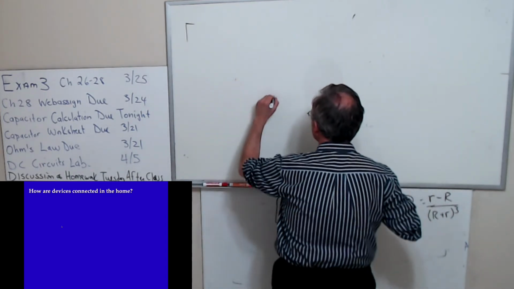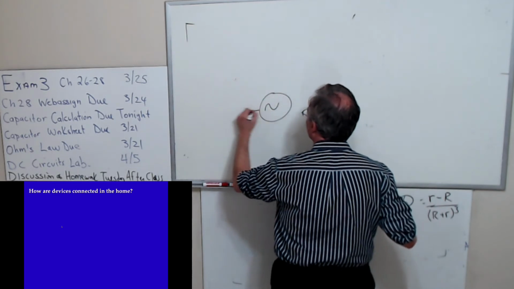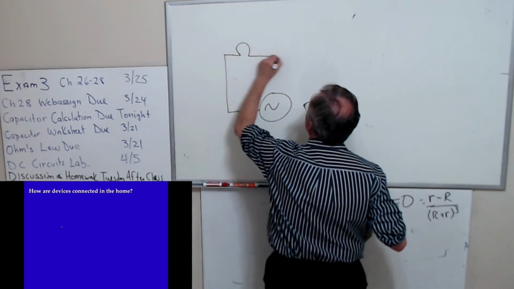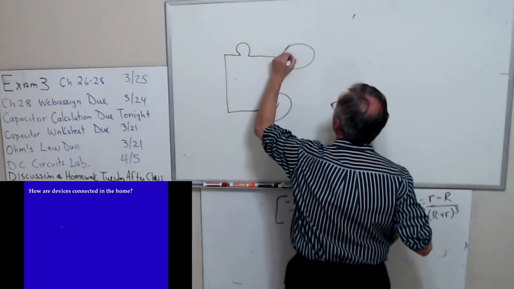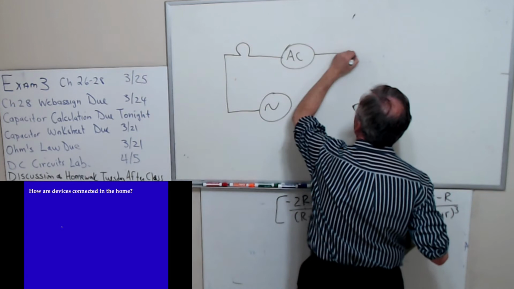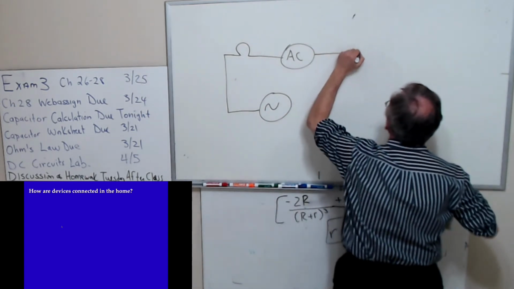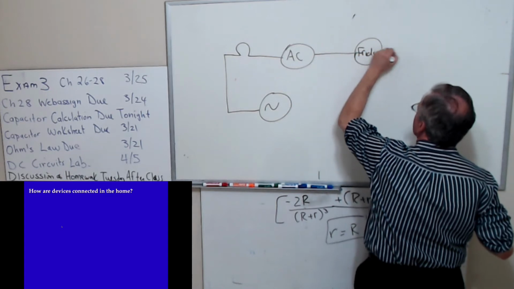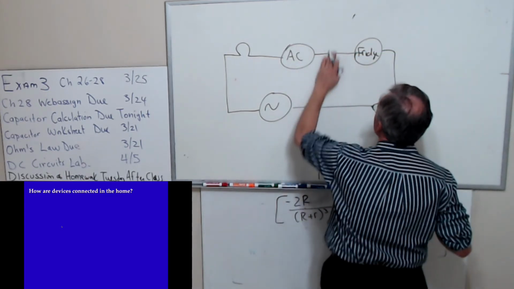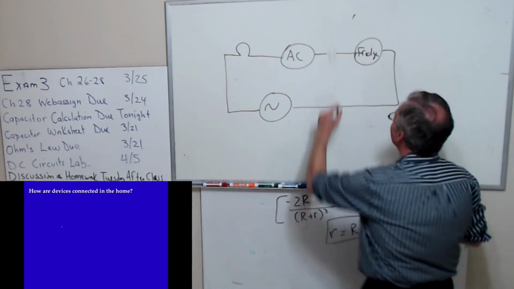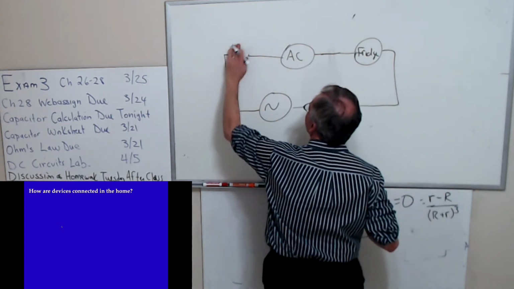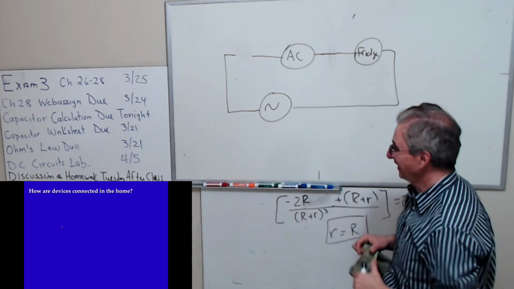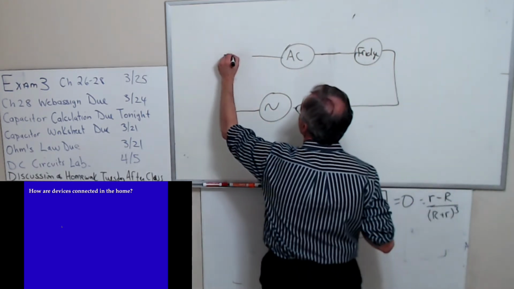So here's your AC power from your house. And then you go to a light bulb. And then your air conditioner. And maybe the refrigerator. And the light bulb goes out. Then what? Nothing else works. That's right.